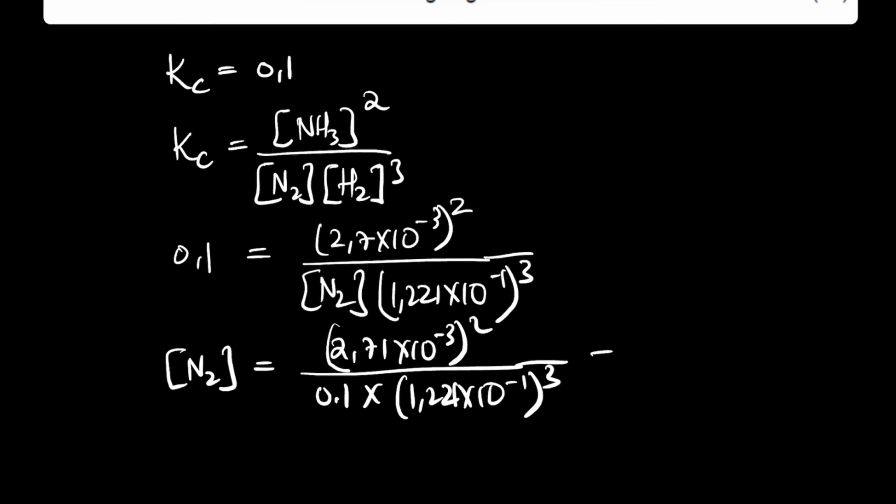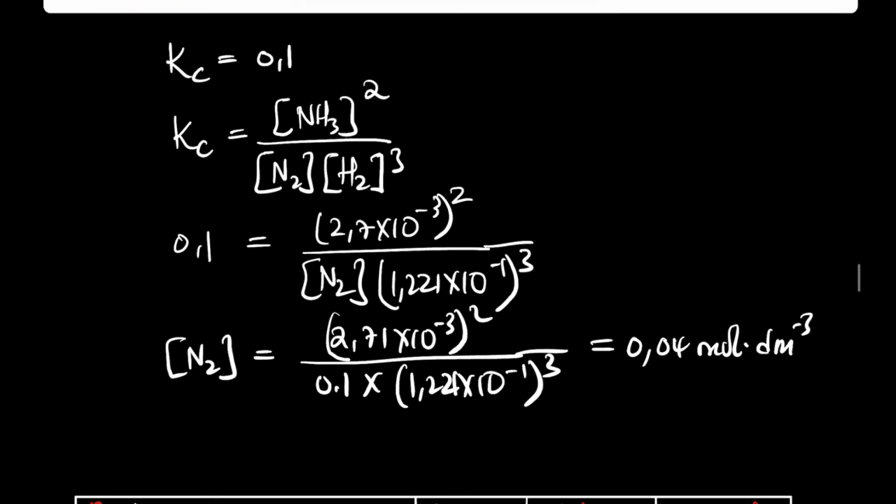If you punch that in the calculator, the answer is 0.04 mol per dm³. This is the concentration of nitrogen at equilibrium.